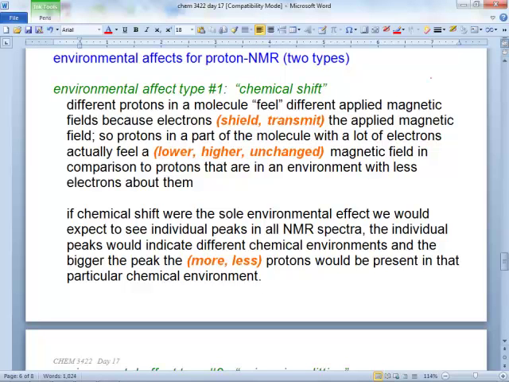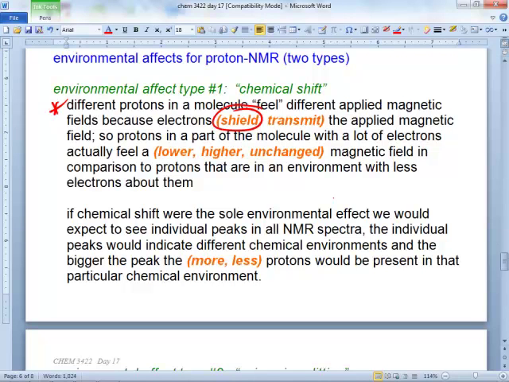They shield. All right? They shield. Okay, we're following from top to bottom. That's how we always handle this, okay? The applied magnetic field.